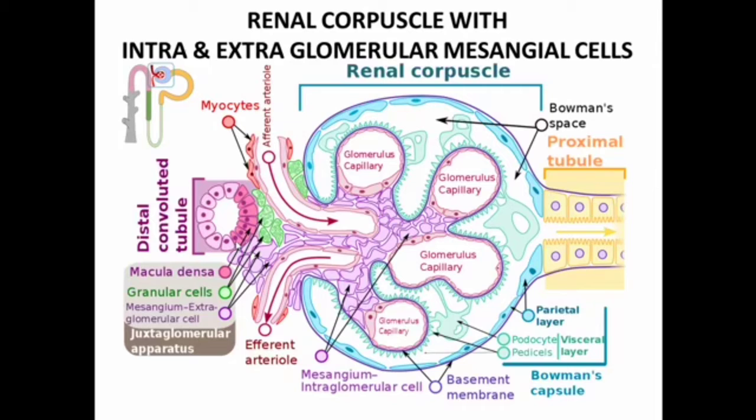What are they doing? These are the osmoreceptors. By osmoreceptors, we mean they can check the osmolarity of the fluid present at this level in the distal tubule. For example, if there is a decrease in the sodium ion, they can assess it, and then they respond in two ways.